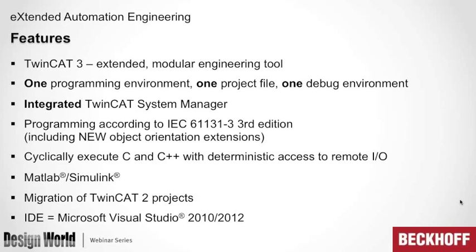We now have the ability to cyclically execute C, C++ code and have synchronized deterministic access to the I/O system. And that's a very powerful thing. Probably half the people now who are using TwinCAT 3 are using it primarily for the C and C++ benefits.